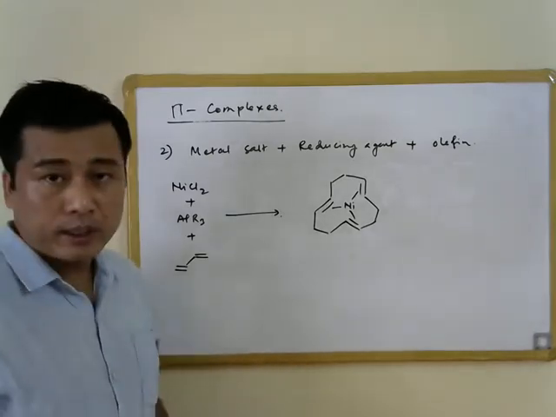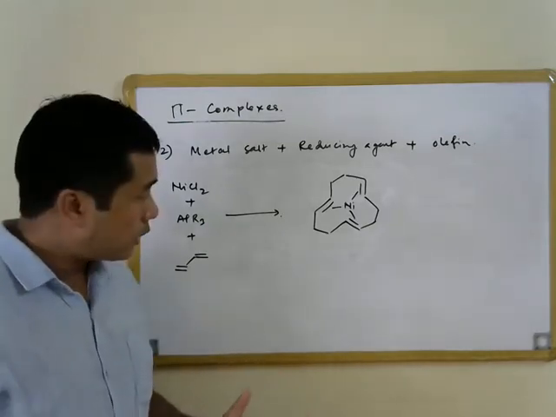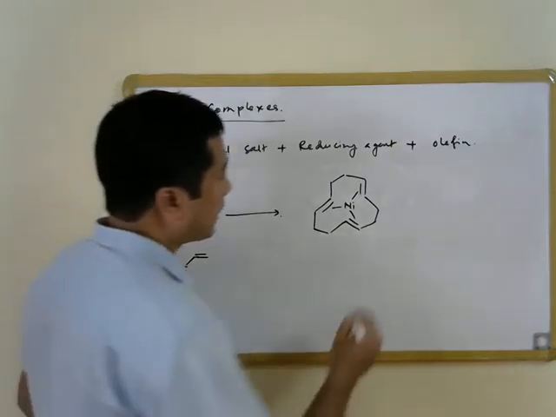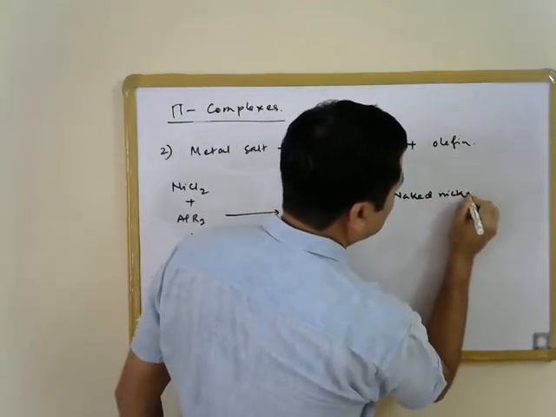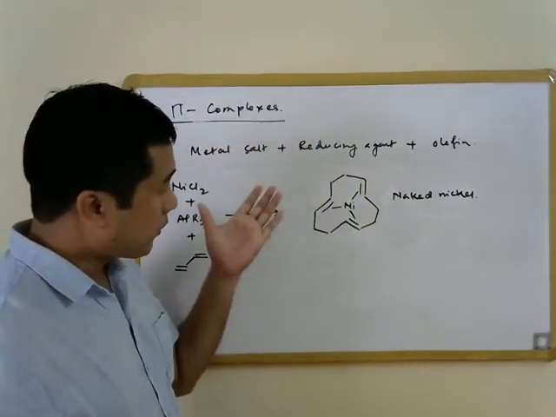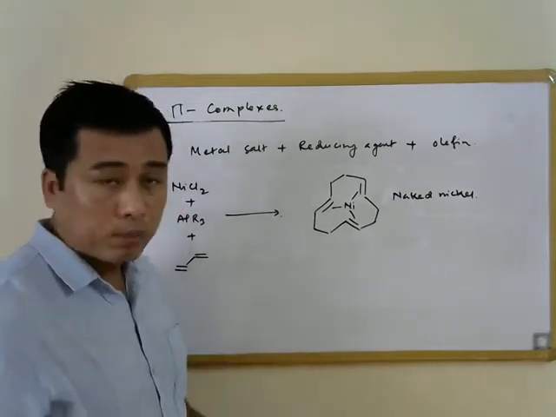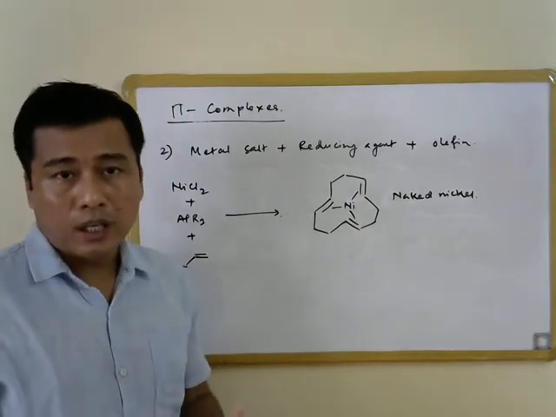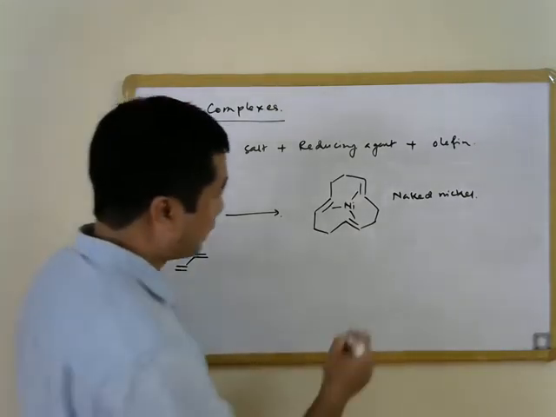Now, this compound is highly reactive as the nickel center is exposed from both the top side and bottom side, and that is why it is also termed naked nickel. With nickel in the 0 oxidation state, one can react this reactive complex with other olefins to prepare nickel olefin complexes of the desired olefin ligand.